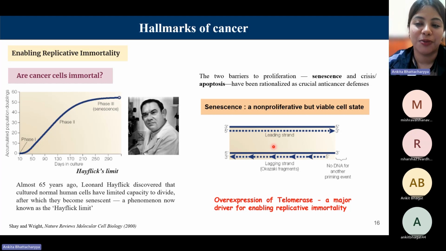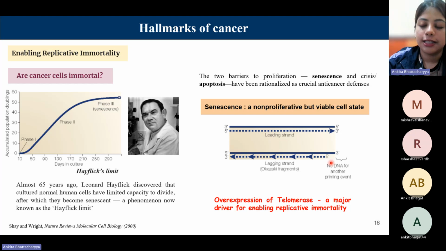I'm not going into so much detail about it. You might have studied it. If not, then we can discuss it. But it is one of the most basic concepts you discuss in eukaryotic or human DNA replication. The end replication problem is such that in the lagging strand, the last part of the DNA is lost.